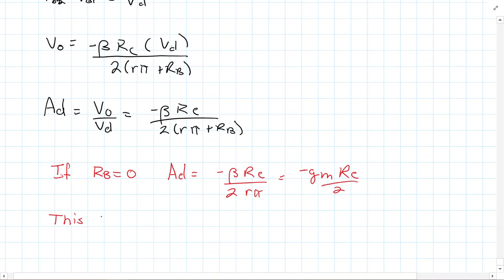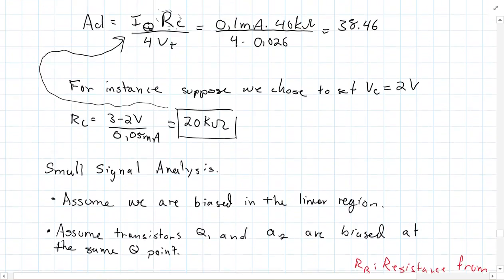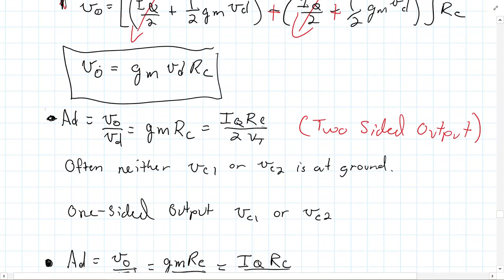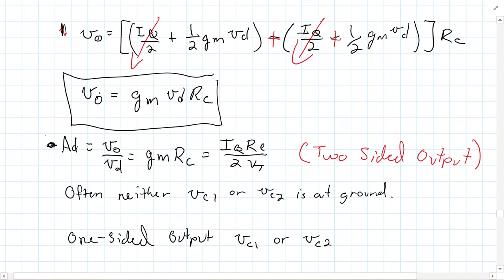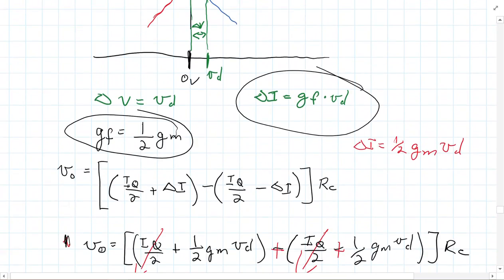This is the same as AD for DC. Because remember, we're doing small signal here, and I'm going to scroll back and find it. One-sided, two-sided, IREF, V out, two-sided output.